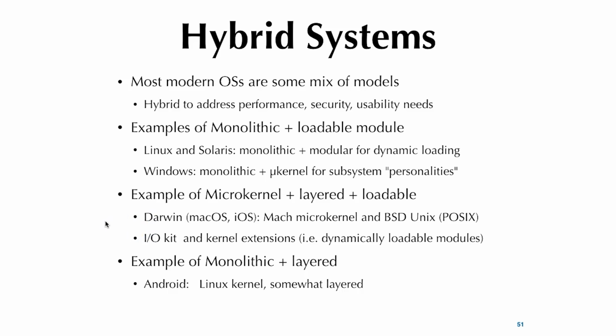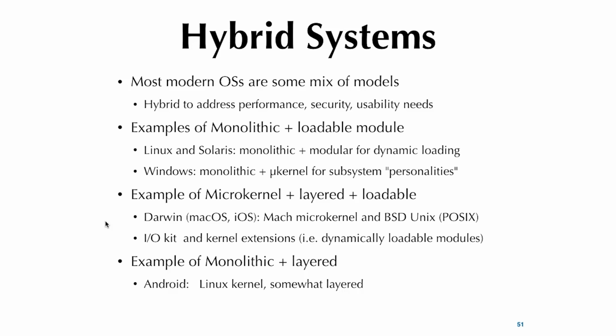Now, macOS and iOS are based on the Darwin kernel, which is based on the Mach kernel plus a BSD Unix with a POSIX layer. So it's still a hybrid. What that means is their Mach kernel may be a microkernel, but it can actually load in additional things, including I/O Kit kernel extensions.